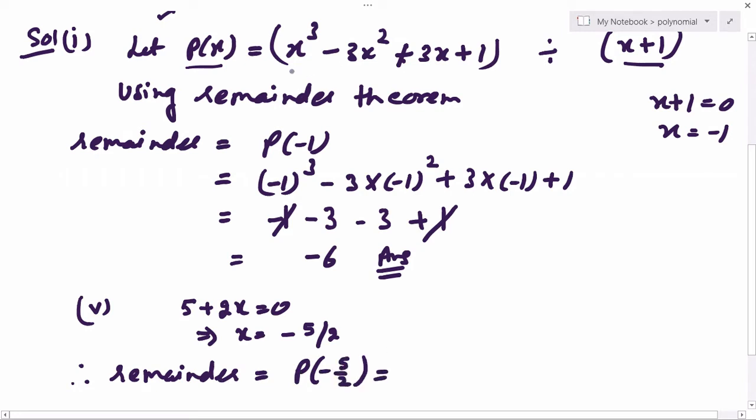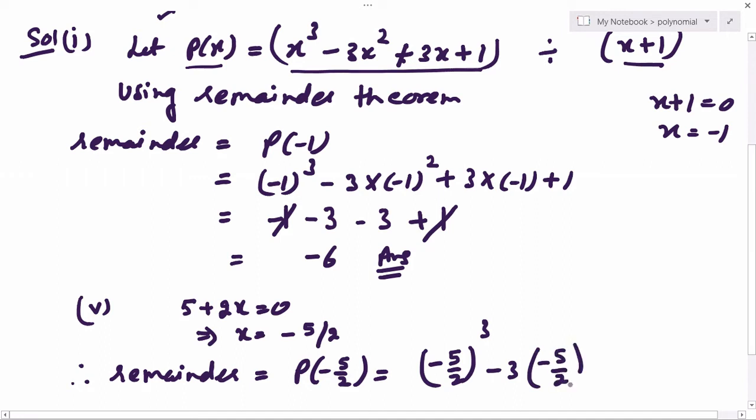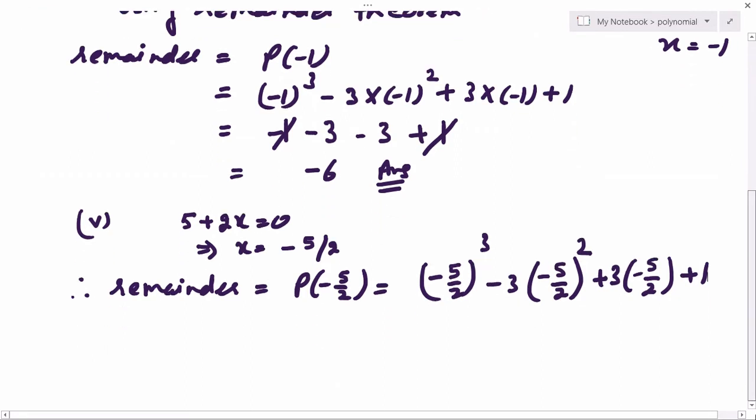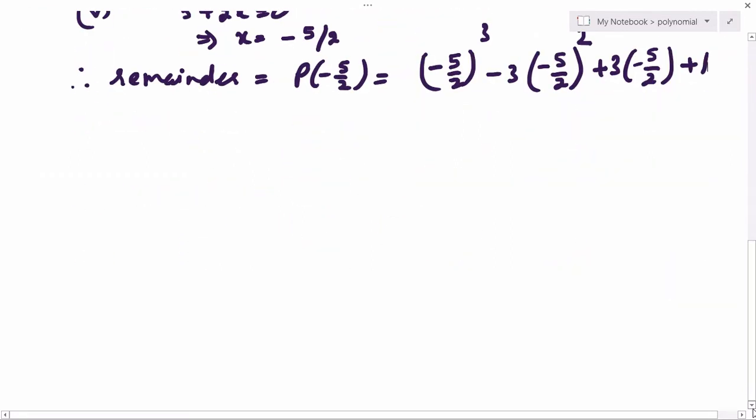Now this was my polynomial, children. In this polynomial I will place minus 5 by 2. So (minus 5 by 2) raised to power 3, minus 3 times (minus 5 by 2) raised to power 2, plus 3 times (minus 5 by 2), plus 1. Now you have to just simplify this expression and you will get the remainder.